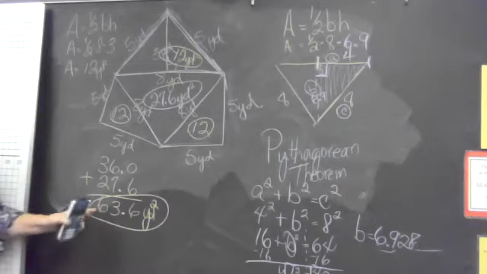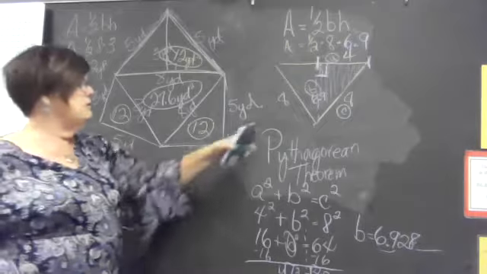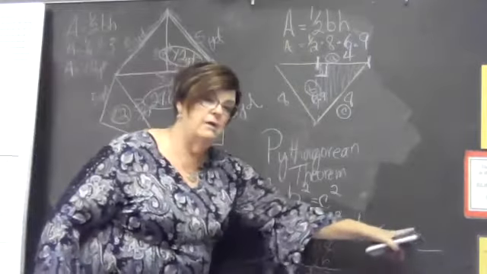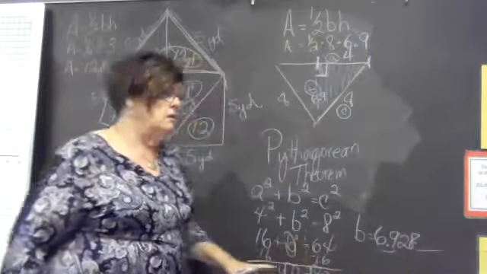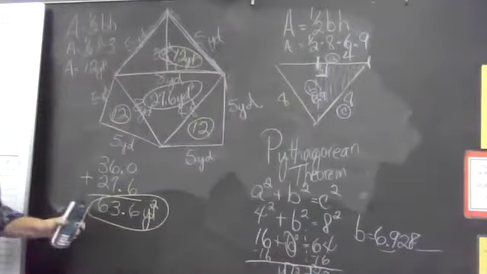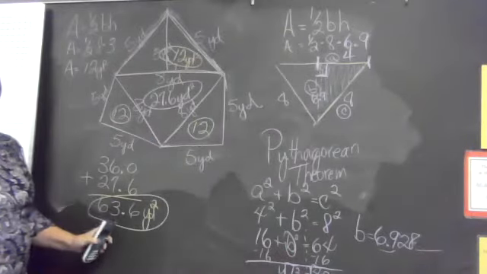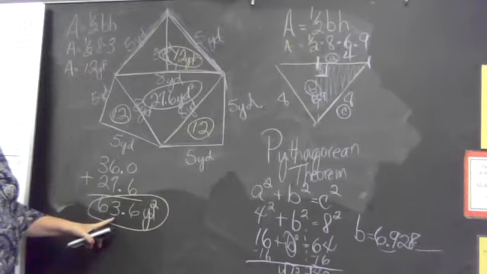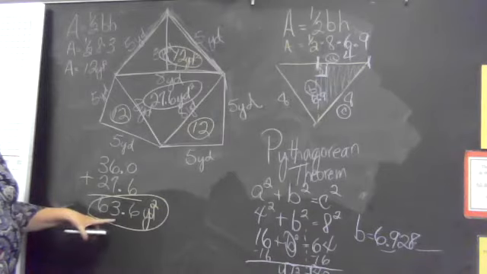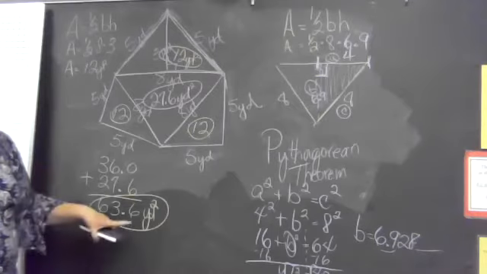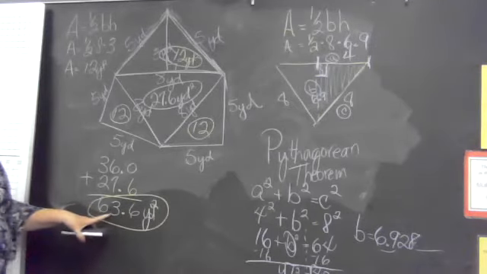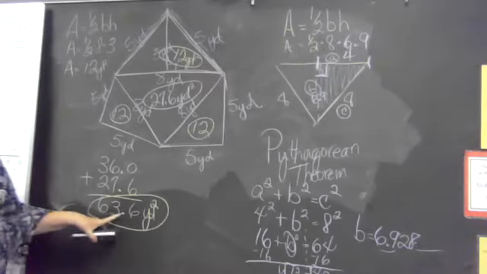63.6. Now, because we rounded this answer instead of using all the decimal places right here, then your answer on the test may say 64.137, possibly, something like that.